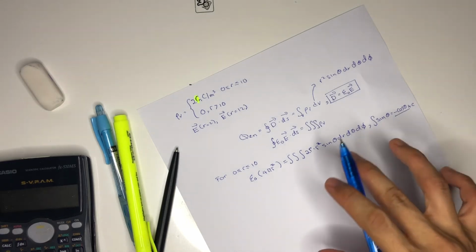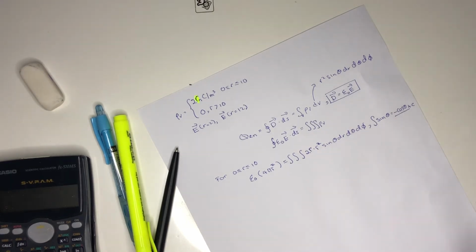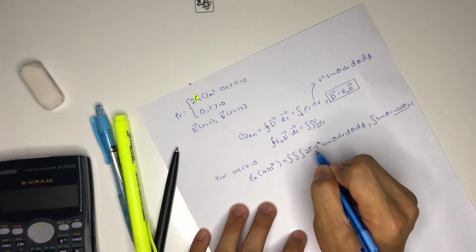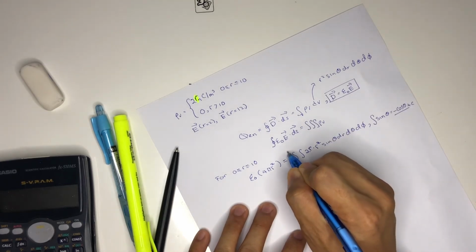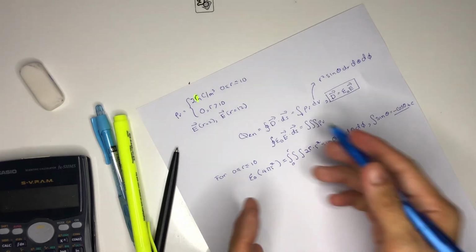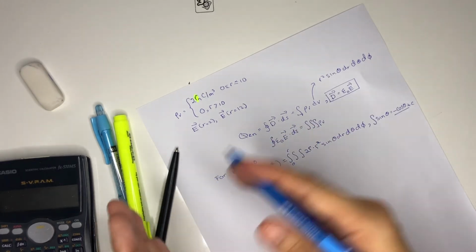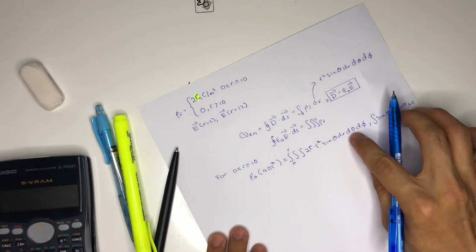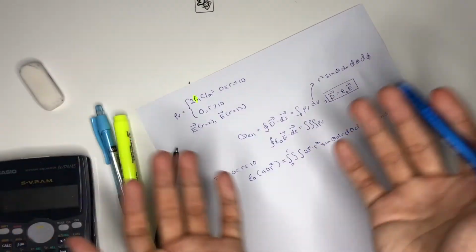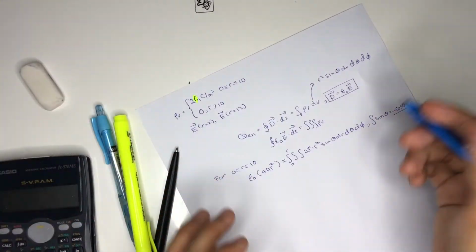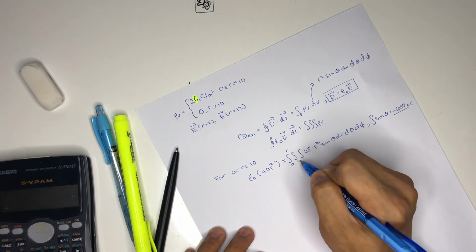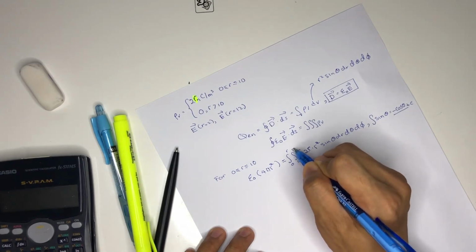Now we want to know the limit of our r here. Our r in this case is from 0 until r, because it can be anywhere within 0 until 10. Then what is our theta? It is a complete sphere, so your theta is from 0 until pi.